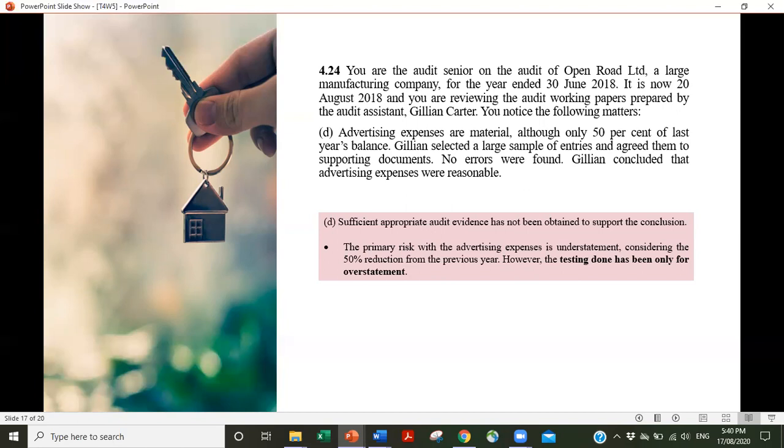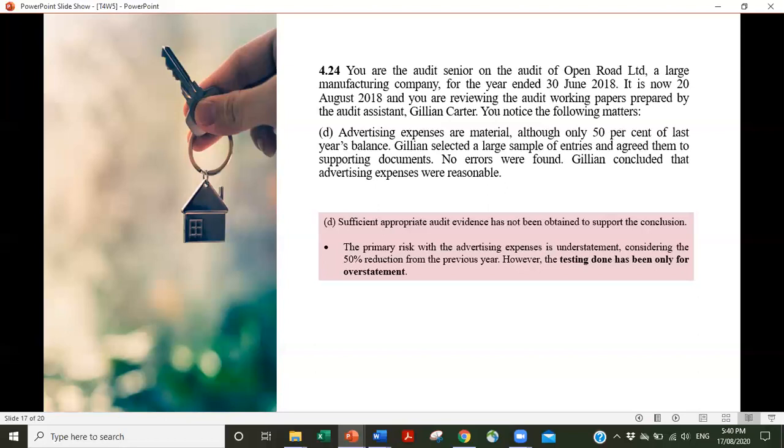Or they'll be perhaps being capitalised into a prepayment or into an asset of some description, and they are also in your accounts payable.